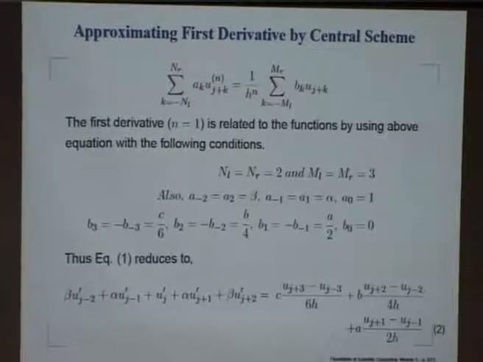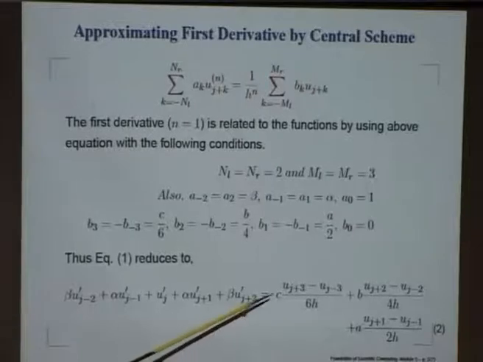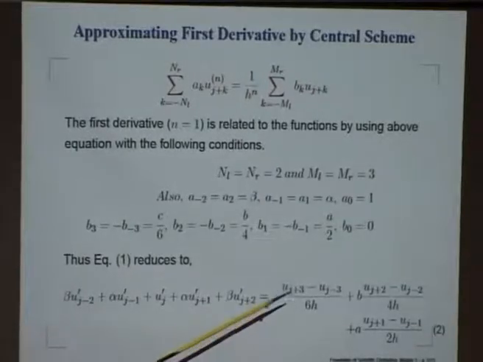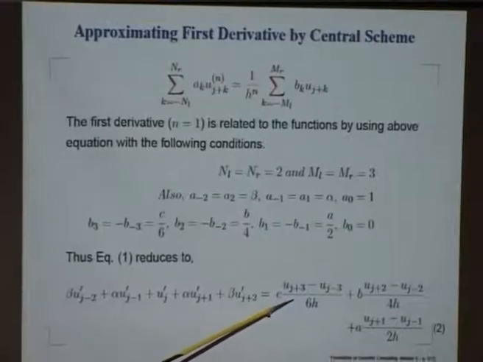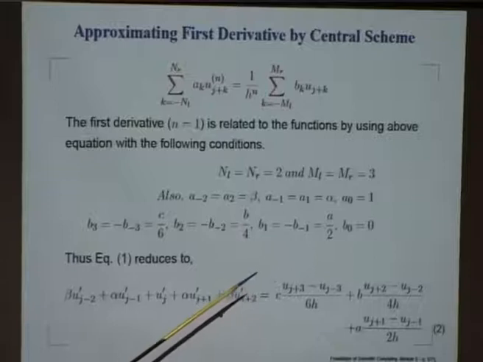No, J equal to 4, right, that's good, because if I try to apply this at J equal to 3, I do not have the information, I am falling out of the domain.